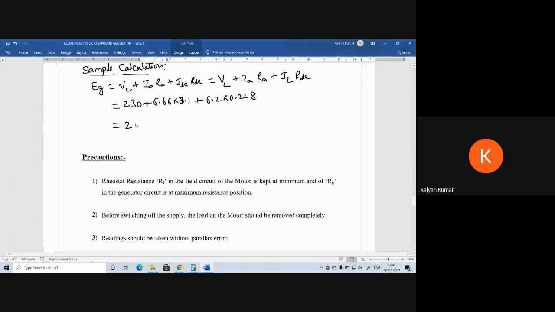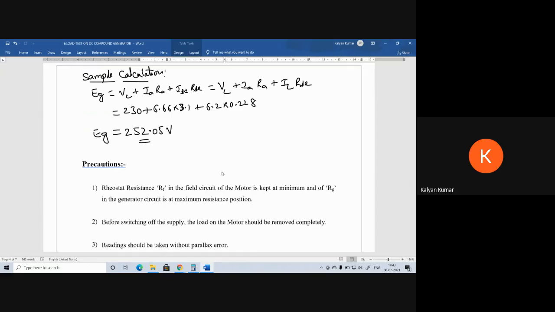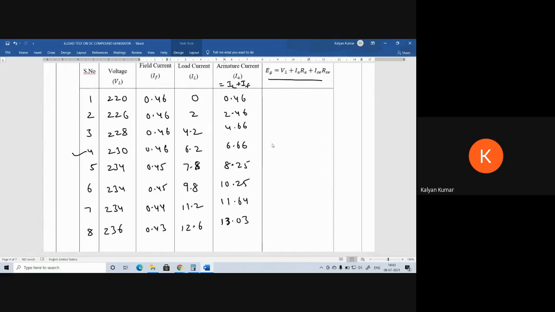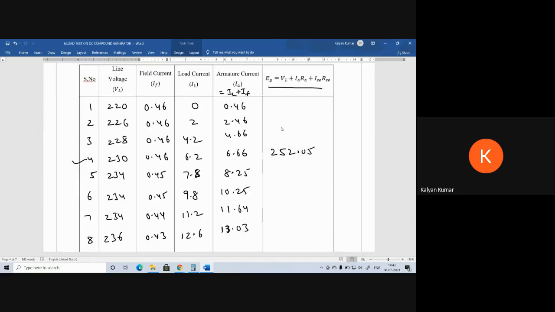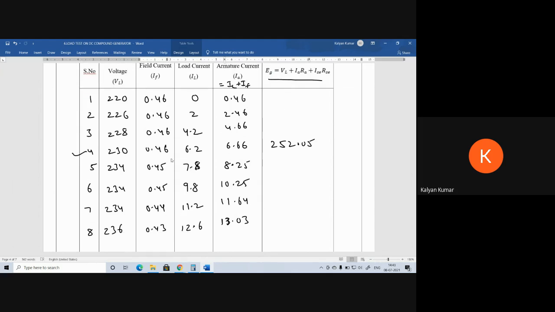We are going to get 252.05 as the EG. Like this, we have to make the calculations for the remaining also, and when we complete the table, we will get the EG value for each load current.